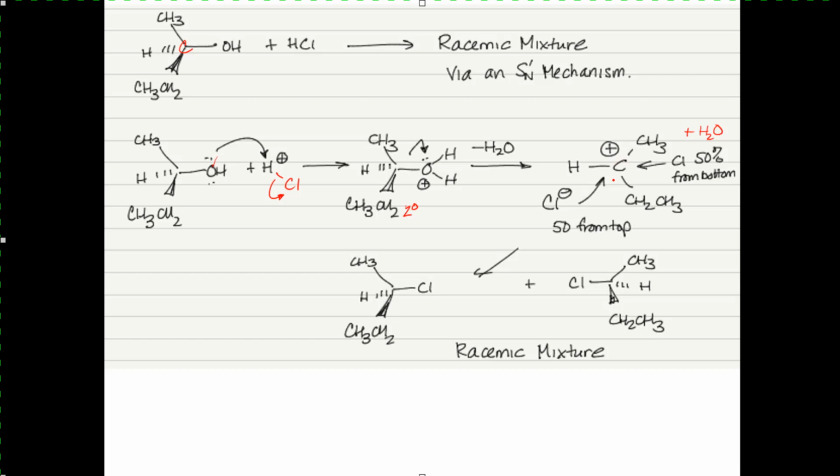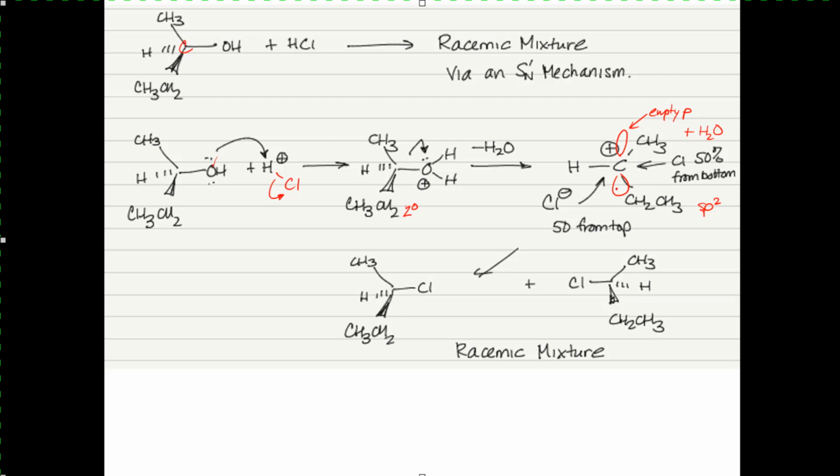Now remember, a carbocation is sp2 hybridized, and as it being sp2 hybridized, it has my empty p orbital. And so when the chloride comes in and adds, it could add 50% from the top, 50% from the bottom.